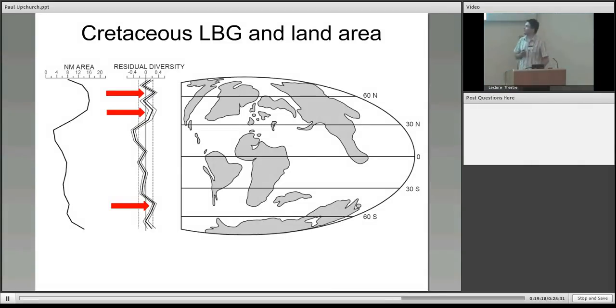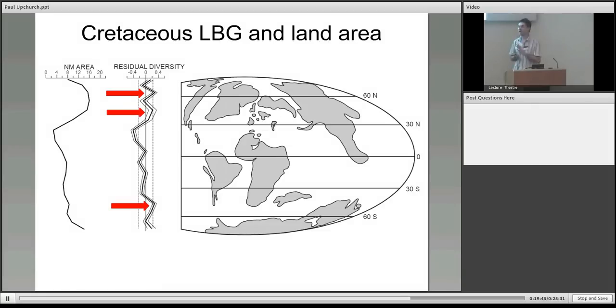So we took paleogeographic maps, we used those to estimate the amount of land area per latitudinal bin, and we found that there is indeed a strong correlation between the amount of land area in the Cretaceous and the amount of diversity you see amongst the dinosaurs. So the idea is that if you remove or reduce the climatic control, then perhaps another factor like land area starts to have an effect.